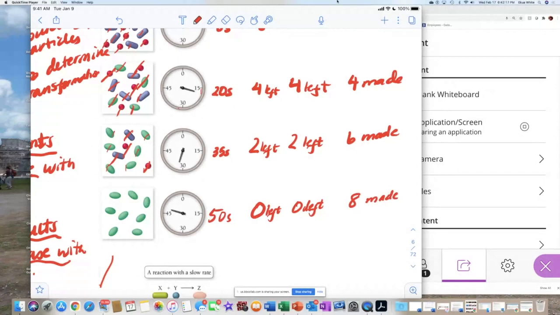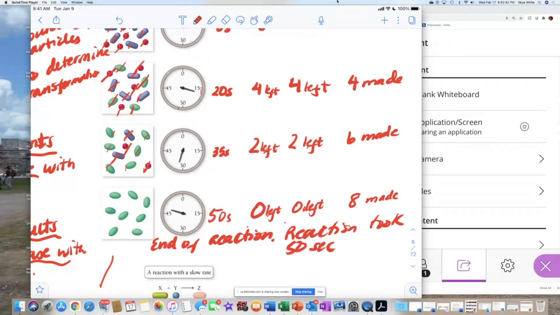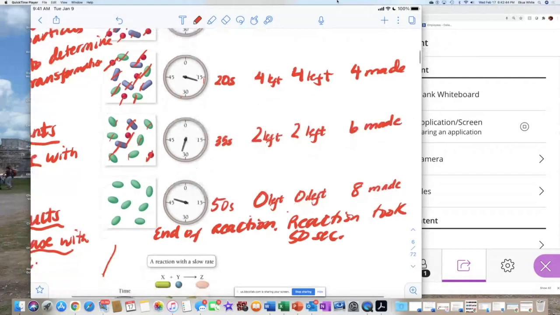So here are the reactants. You started off with stoichiometric amounts, so there's no excess reactant. Both ran out. Here we can say it's finally the end of the reaction. And if you were asked this, you say the reaction took 50 seconds to reach completion, right?